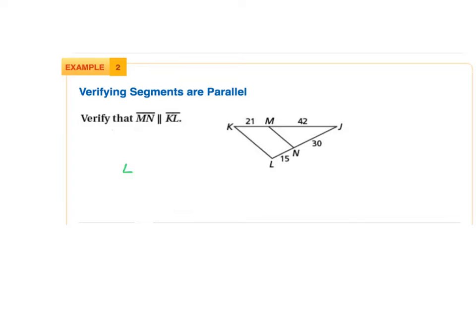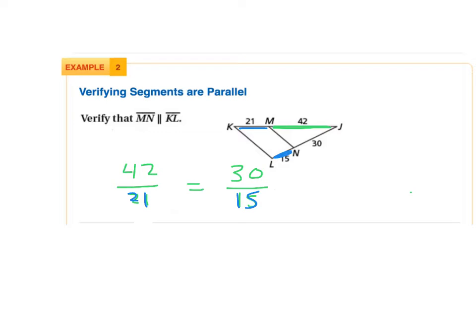So we can set 42 over 21 and see if that's equal to 30 over 15. So I put the top part of this over the bottom part here, and then I did the top part here 30 over the bottom part 15. So it's important that we keep it consistent.